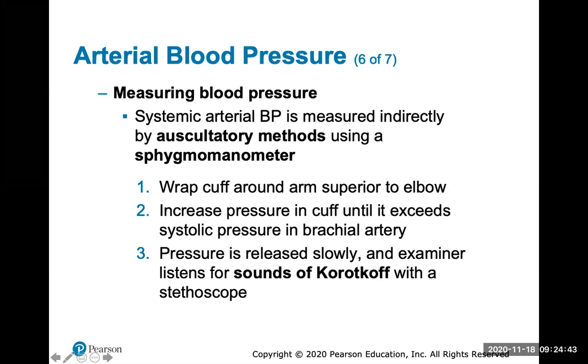In order to measure blood pressure, systemic arterial blood pressure is measured indirectly by the auscultatory method, where you wrap the cuff around the arm to find systolic pressure in the brachial artery, and then pressure will be released slowly, and the examiner will listen for the sounds of Korotkoff with a stethoscope.